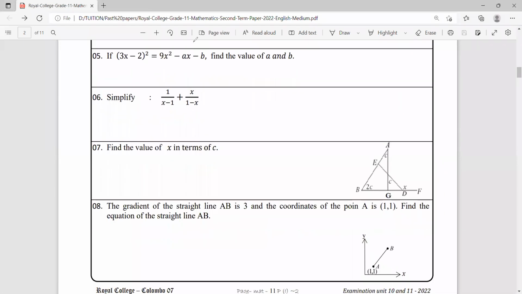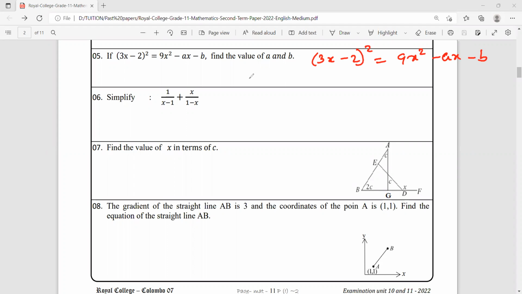And in the fifth question you have to expand (3x minus 2) squared, which is equal to 9x squared minus ax minus b. You can do it this way, right?